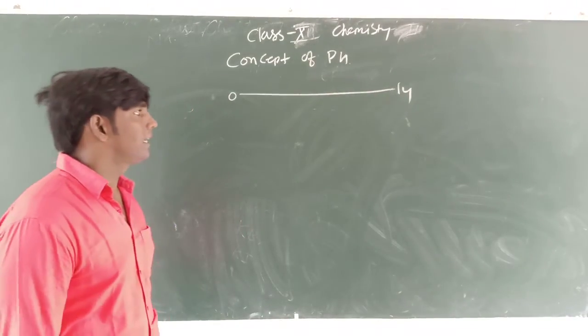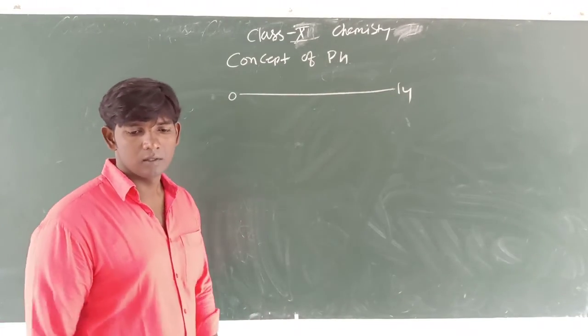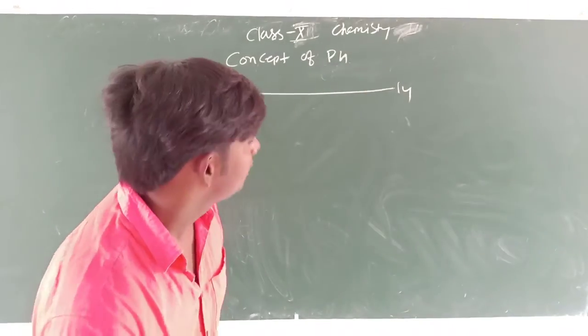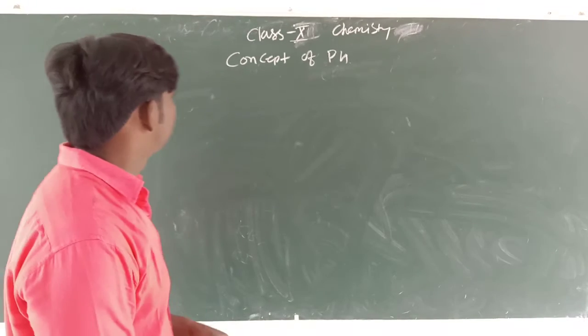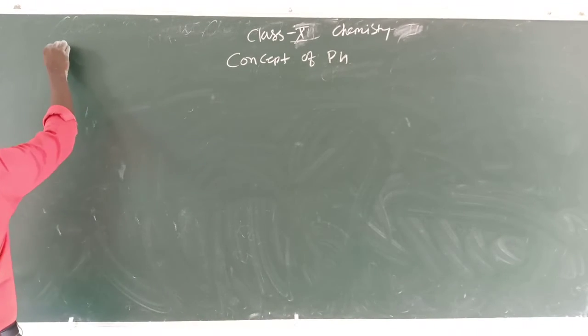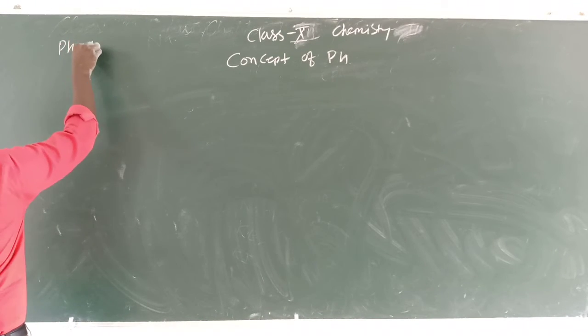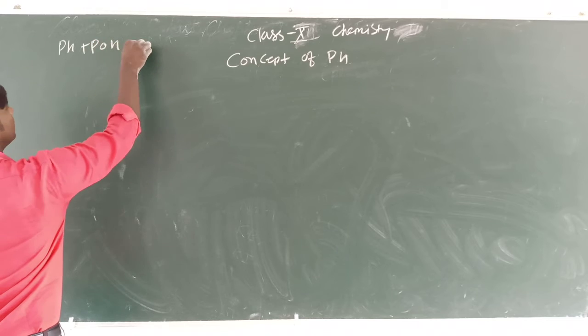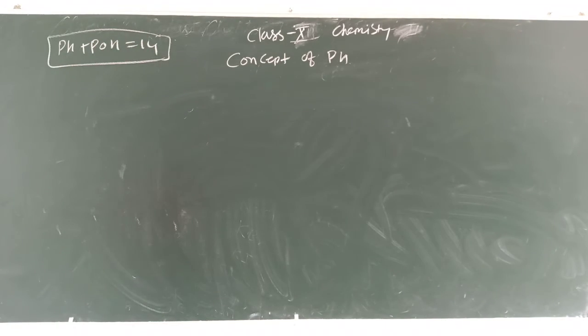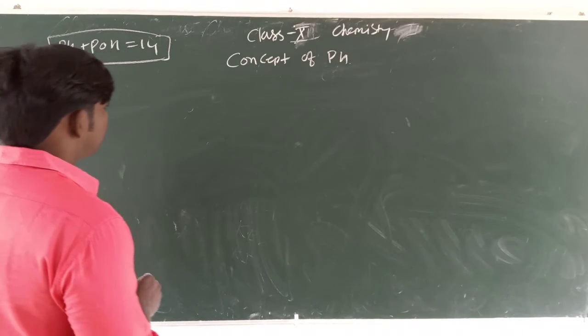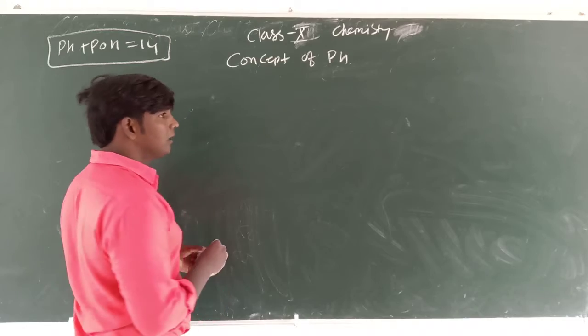For that concept we have to know the formula, that is pH plus pOH is equal to 14. You must know this, okay. How did this come?